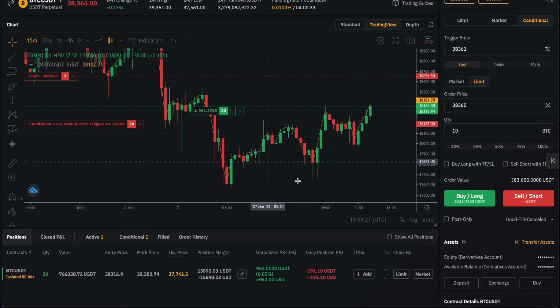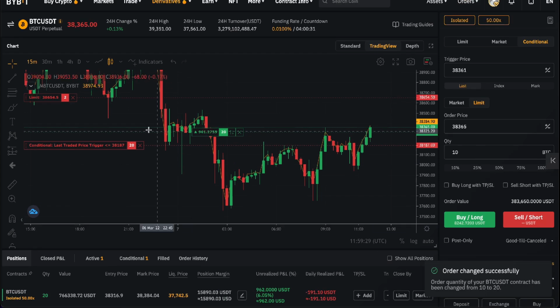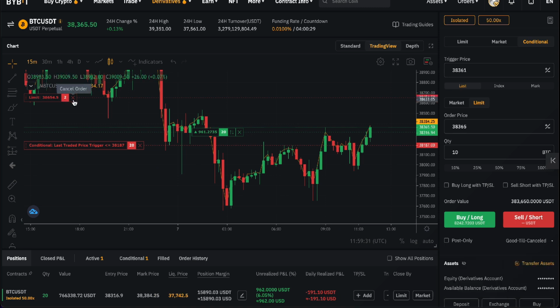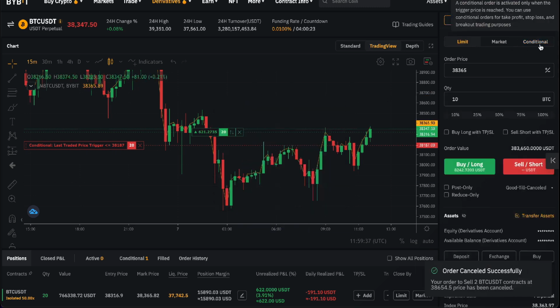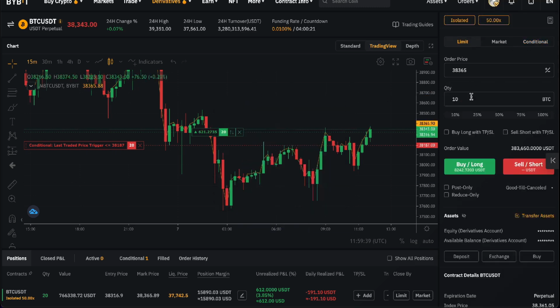So now let's change the TP over here. We have a limit for 2 at 38650. Let's cancel that. And let's put in a limit order for 20 at 38700 to reduce only.